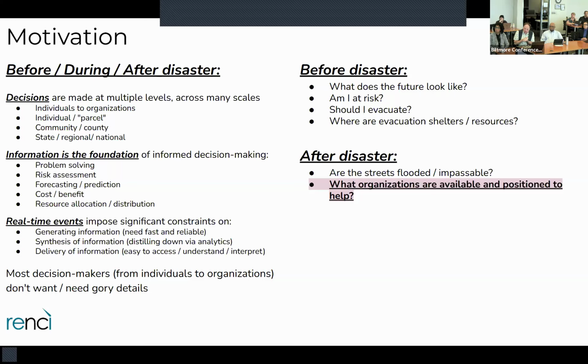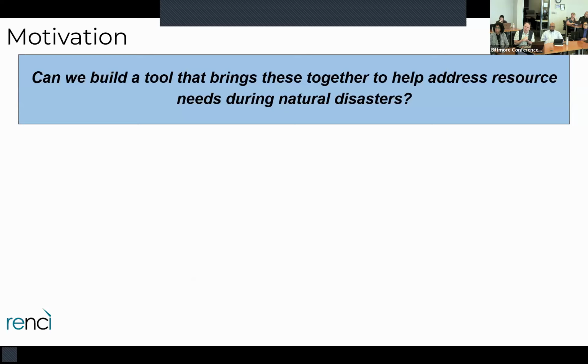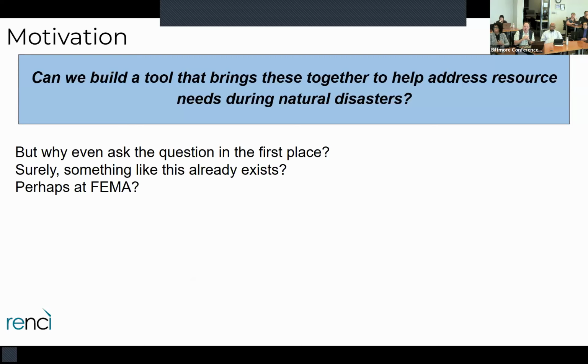And in the next slide, we'll ask the following question. Can we build a tool that brings together these various aspects of disaster management, from forecasts and information to large data sets and even analytics, to help address some of these needs during natural disasters?